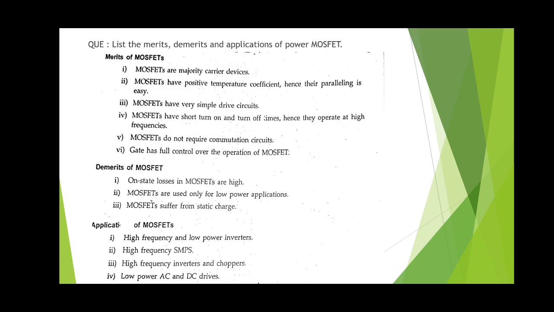These are also used for low power AC and DC drive. One more thing I want to tell here is that sometimes the question for comparison is asked, compare BJT and MOSFET. That time we have to go with the comparison, and these answers I have already given in the notes.